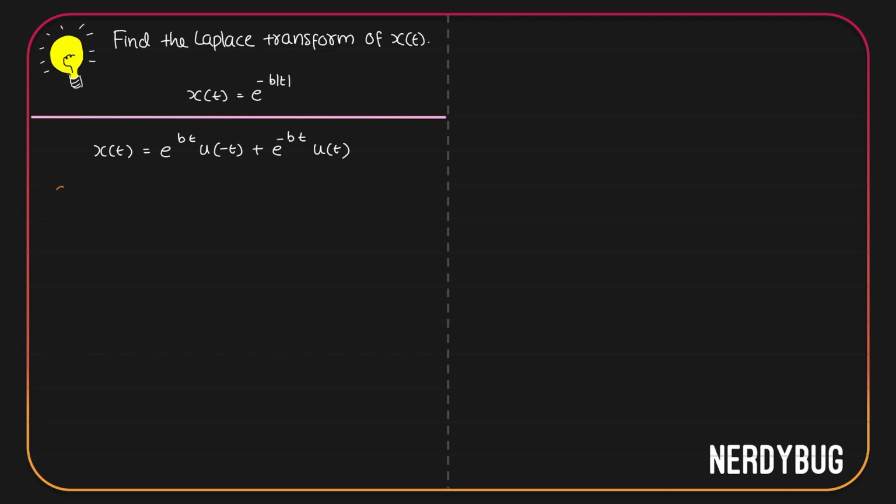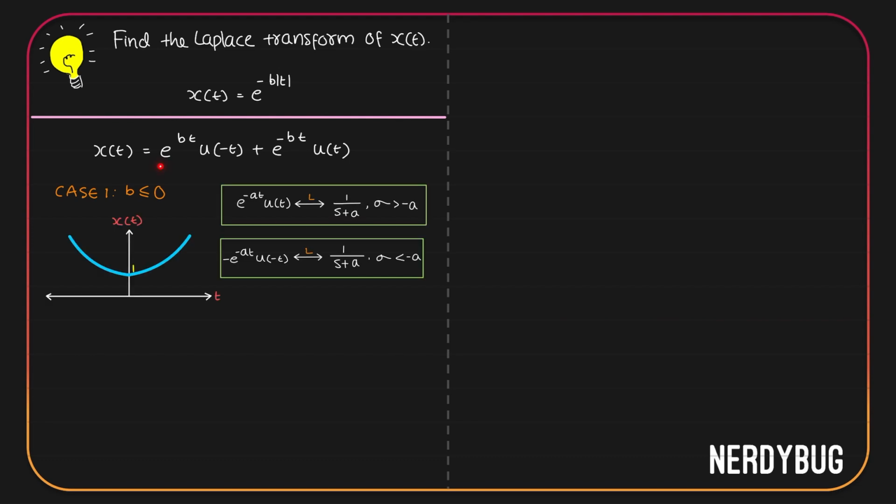But there are two cases here. Let us take the first one: b is less than or equal to 0. In that case, the graph of x(t) will look like this. Now, e raised to bt u(minus t) is of the form minus e raised to minus at u(minus t), where a is minus b and the negative is absent.